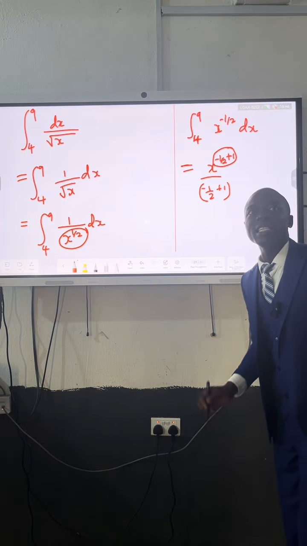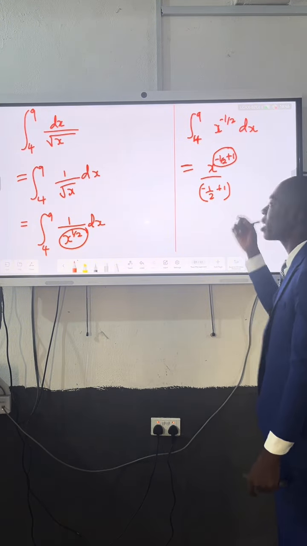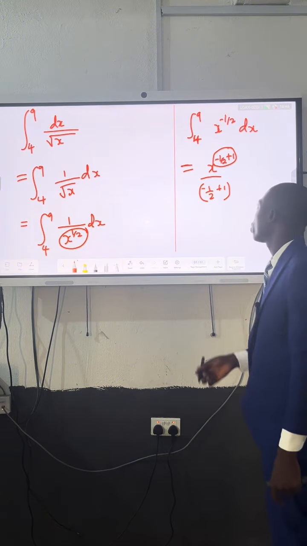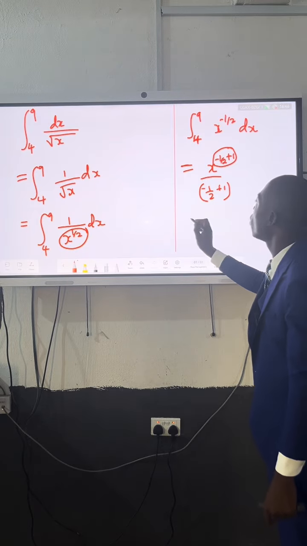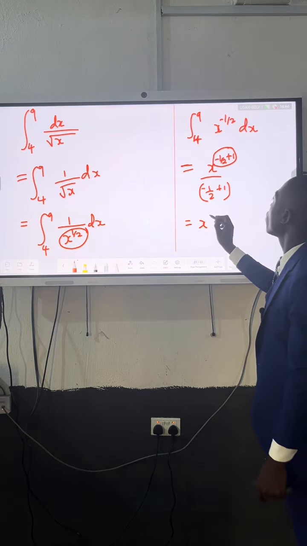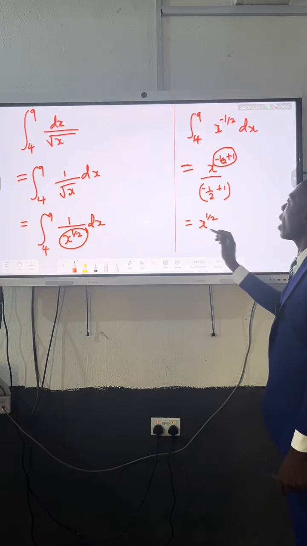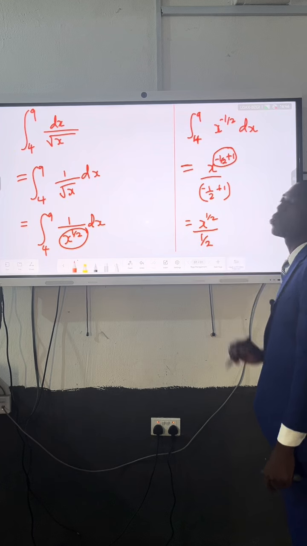Because this integration is definite, you may or may not put the constant of integration before the substitution. So this will give you x to the power of half, since minus 1 over 2 plus 1 is also 1 over 2.